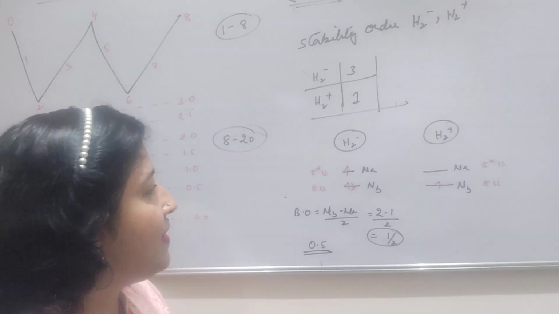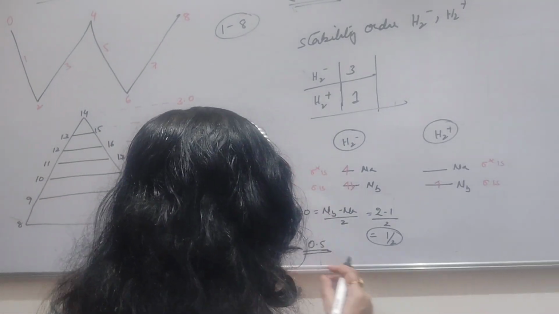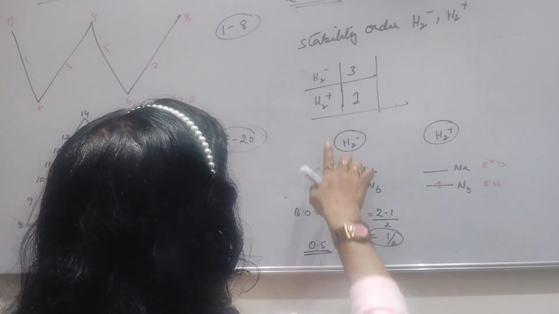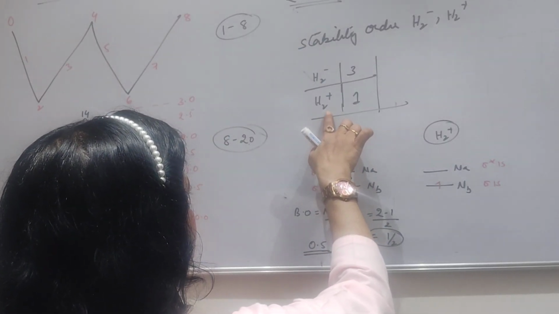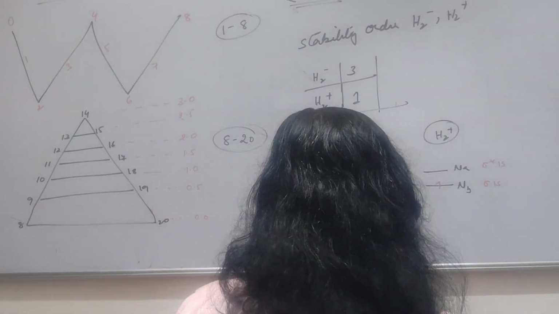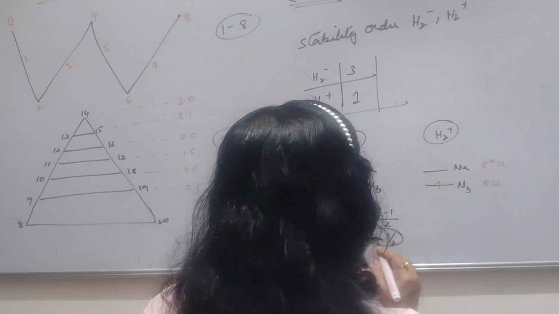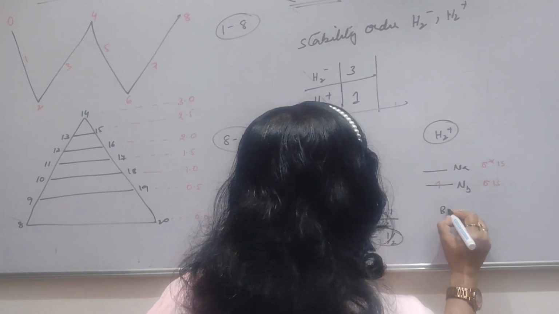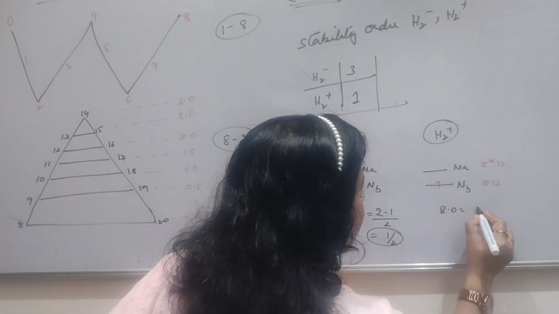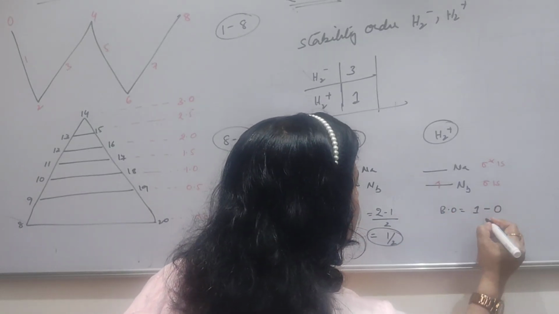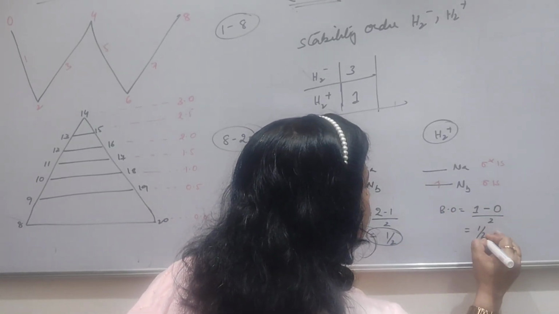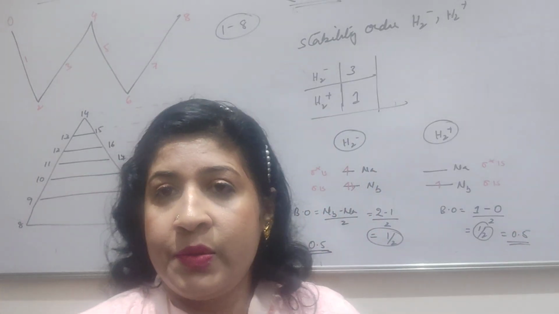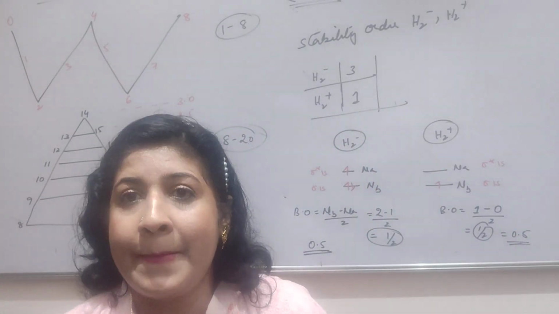And here in H2 plus, we have only 1 electron. So the bond order is equal to 1 minus 0 by 2, which is again half, which is nothing but 0.5. How will you say which is more stable?